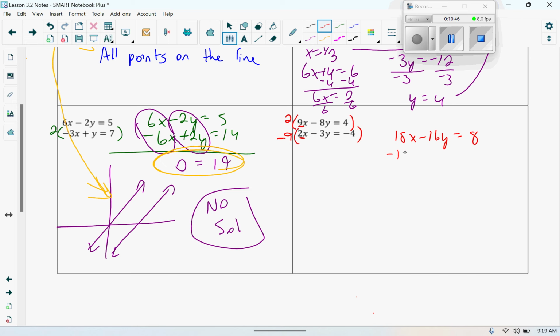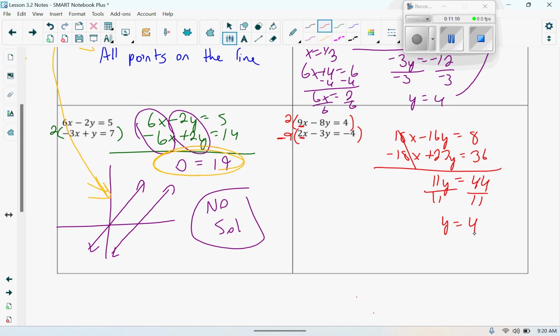And then I have negative 18x plus 27y is equal to 36. And so these cancel out. And I end up with, let's see, 11y is equal to 44. And then divide by 11. So y is equal to, oops, not 11. y is equal to 4.